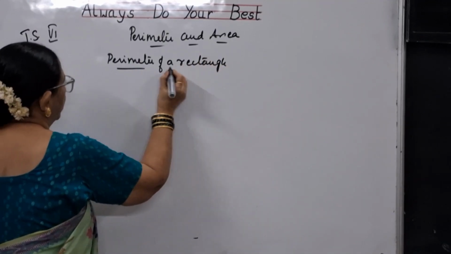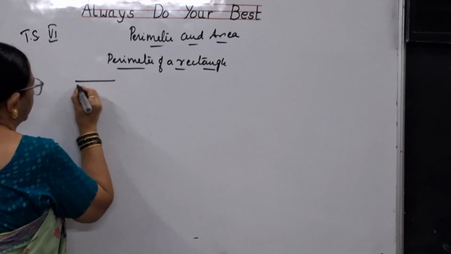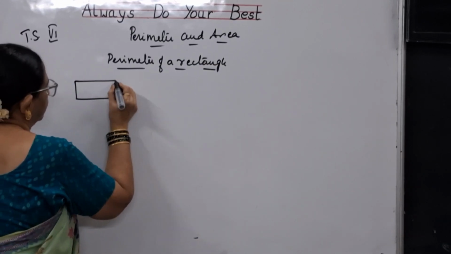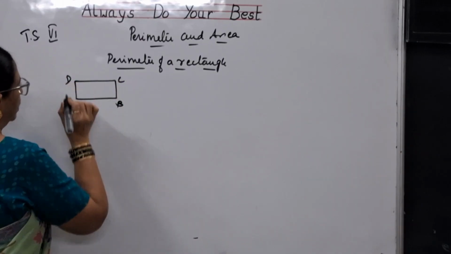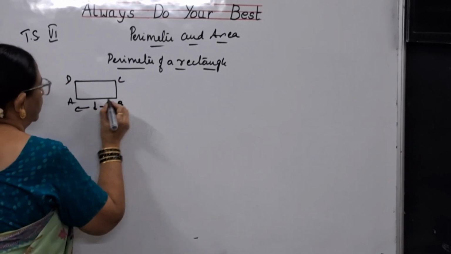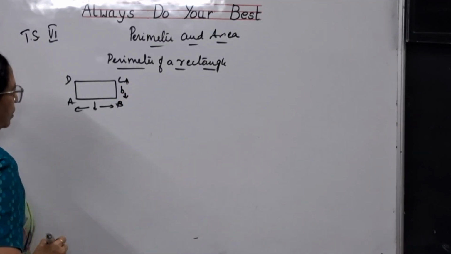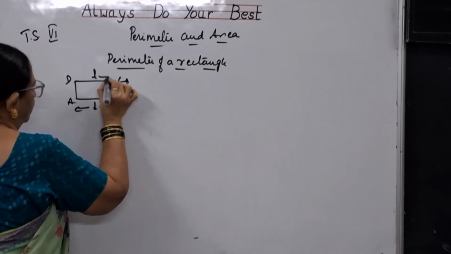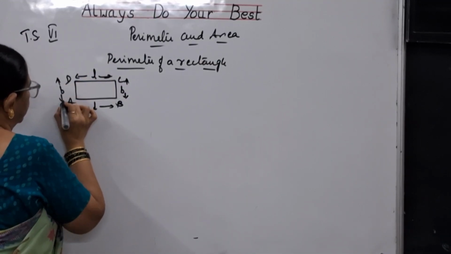What is the formula and how has the formula to be developed for the perimeter of a rectangle? So let me consider this. ABCD is a rectangle. This is length and this is width or breadth. So if this is length, this is also length, and this is a breadth.